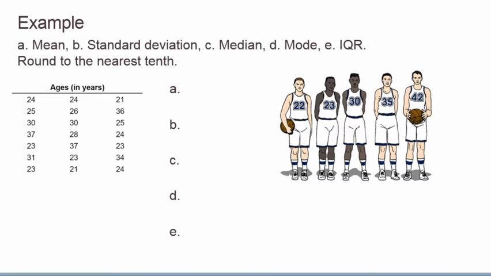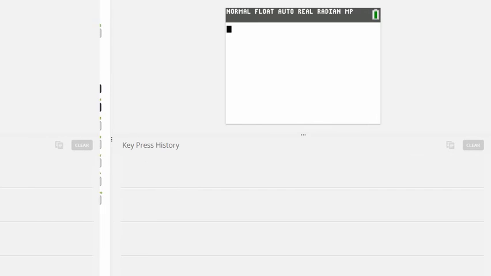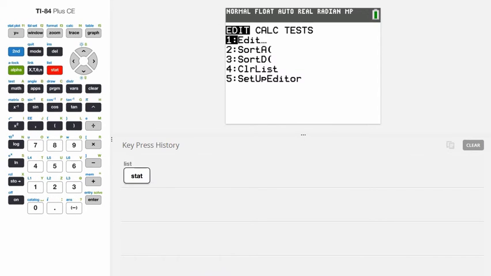So the first step in finding these pieces of information will be to enter the data in our calculator. Once on our calculator, we want to go to Stat, 1, Edit.